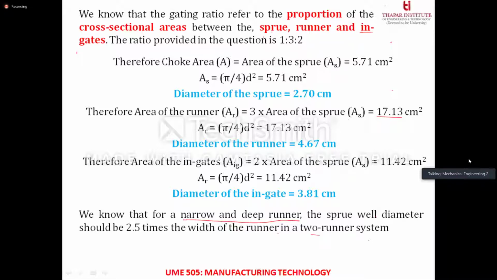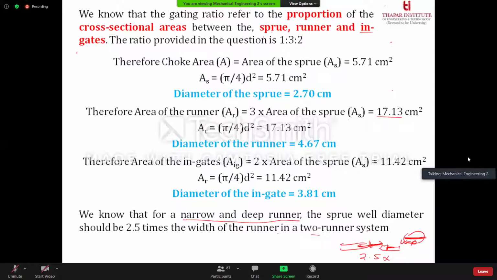If you remember, this is the well and these are the runners. So if you have got 2 runners, then this diameter is equal to 2.5 times the width of the runner. In our case, since we have assumed a circular cross section of the runner, the width of the runner is equivalent to the diameter of the runner.